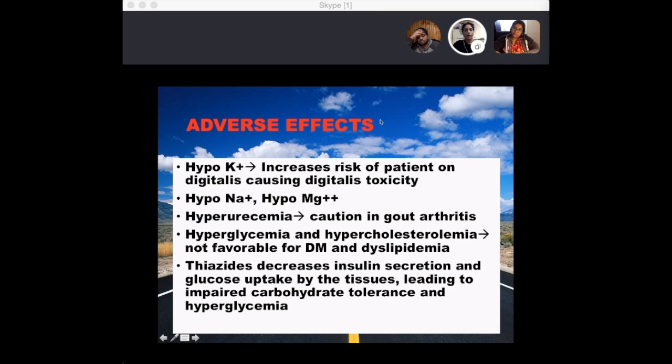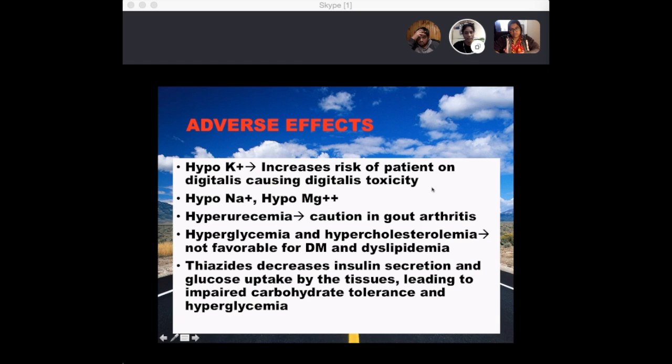To talk about the adverse effects, the fact that thiazides cause hypokalemia leads to an increased risk of digitalis toxicity in patients on digitalis.